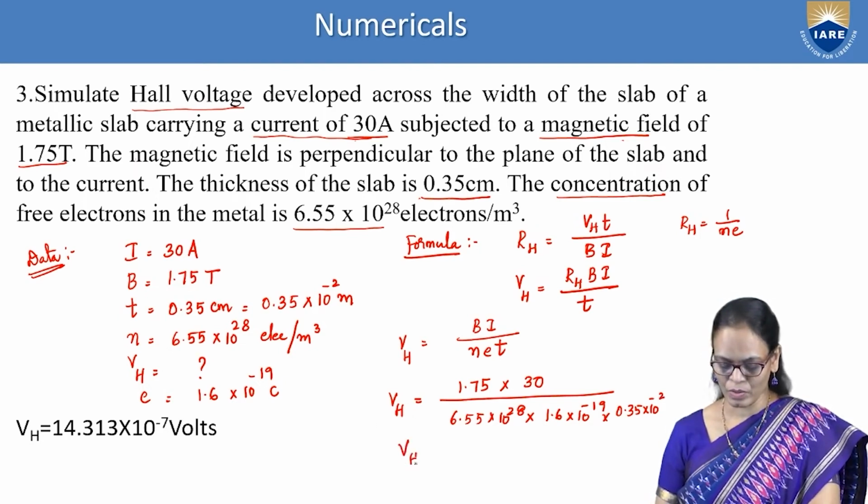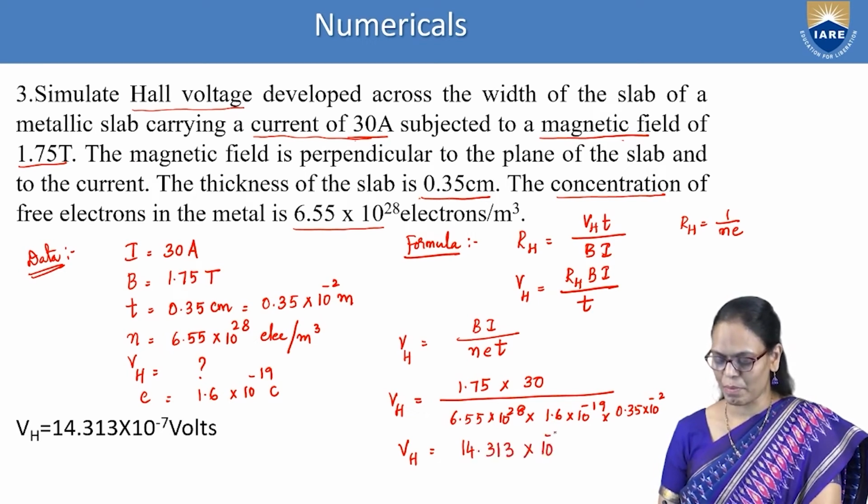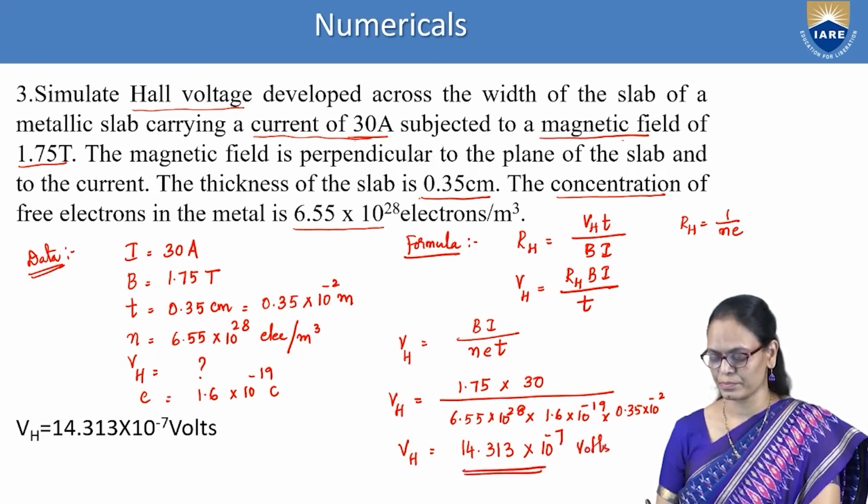So we get the Hall voltage to be 14.313 into 10 power minus 7 volts. This is a volt.